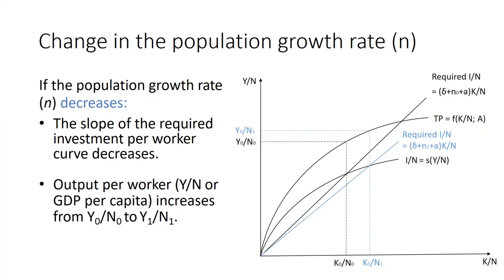You cannot push it to zero and have no new people in the population. That would completely destroy your labor force. So obviously we cannot use this indefinitely, and therefore this has limited ability to be used for sustained economic growth per person in the long run.